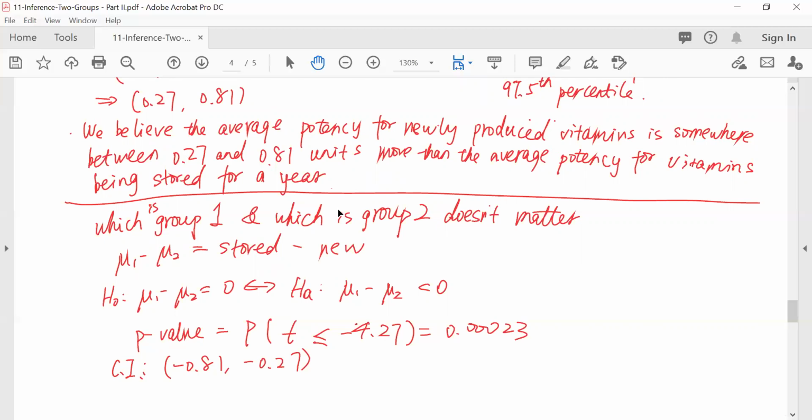Okay, so that's what I need to say about the lecture notes. You have a discussion board question regarding some exercise of this two group inference. I'm not going to talk about the solutions here because I feel this should be quite straightforward to you.